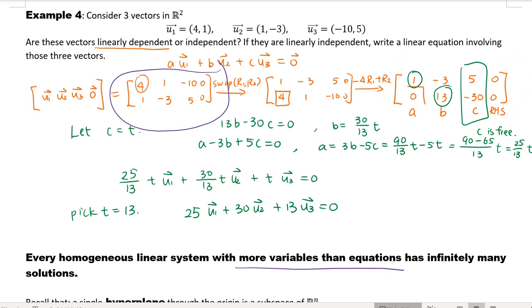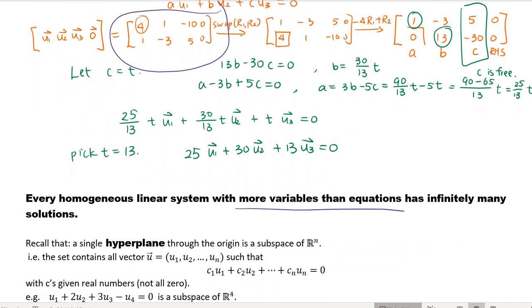So we can see the variable c is free. So that's why we have infinitely many solutions. Okay, so in general, this is true. Every homogeneous linear system with more variables than equations has infinitely many solutions.